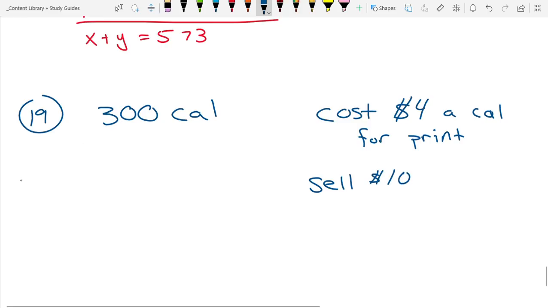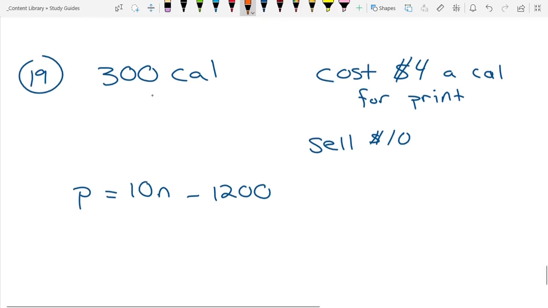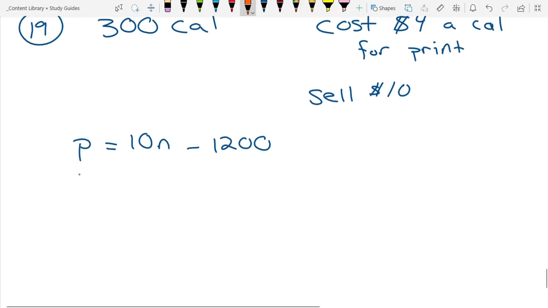And so they give you an equation, P equals 10N minus 1200. And they say in the problem that P is going to represent profit, and the N is going to represent the number of calendars that you sell. So it says select all the true statements below.